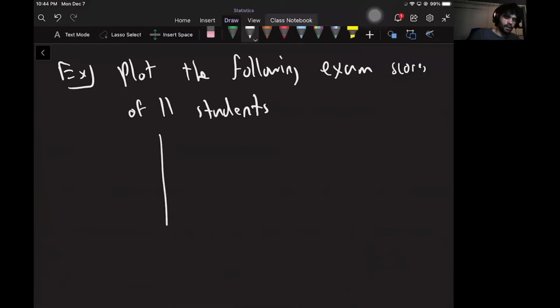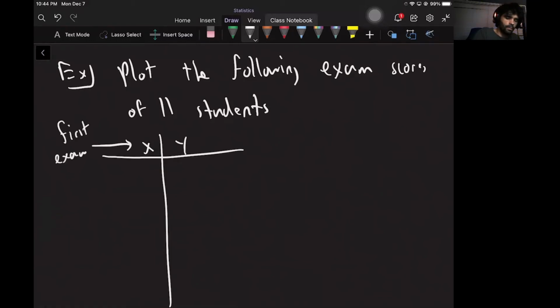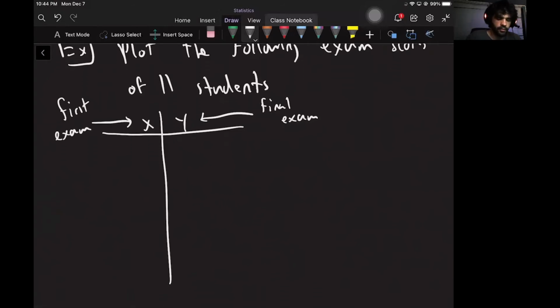So the 2 exams: I'm going to use as my X data their first exam. So that's the first type of data. And then as their Y, their final exam. So this is something that teachers like to study, if how you do in your first exam is related to how you do in your last exam.